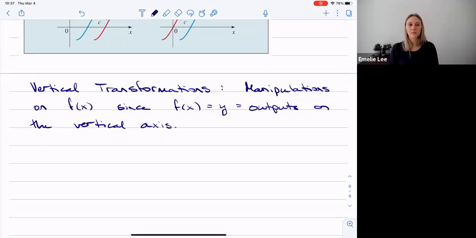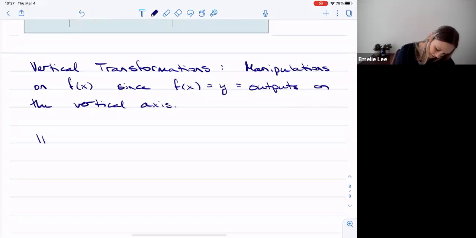In general, manipulations on f of x behave the way that we want them to intuitively. I'm not going to write that down because intuition might be different for you, but for me, it behaves the same way that I want it to when I just think about it. So horizontal transformations do not.